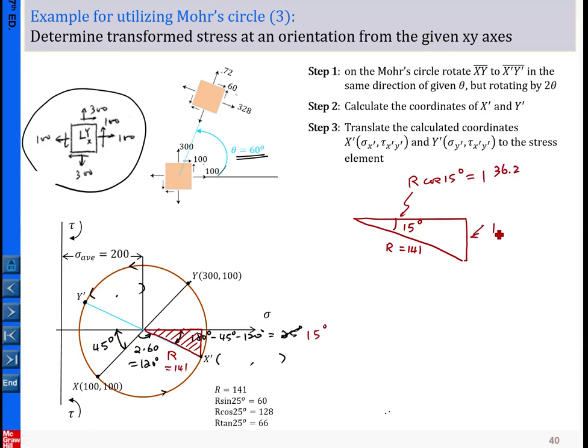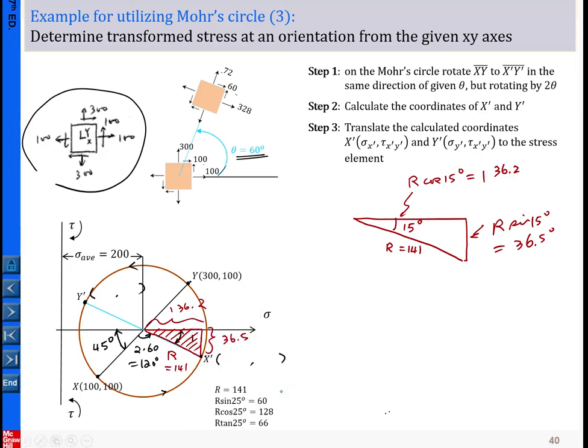And this side is r times sine 15 degrees, equal to 141 times sine 15, which is 36.5. Let me get rid of unnecessary information to clean things up. So basically this side is 36.5, and this one is 136.2.